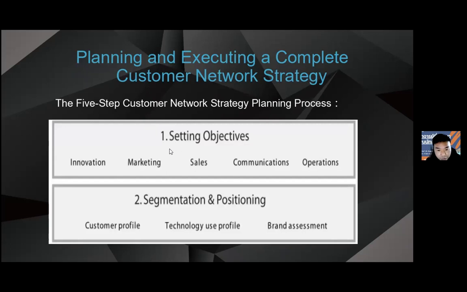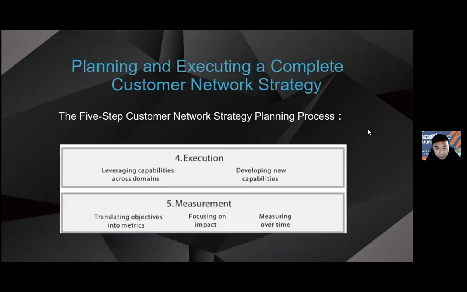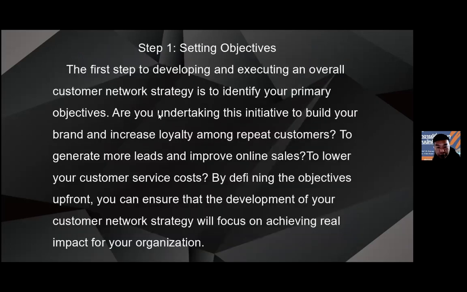This is the picture of the 5-step consumer network strategy. And this explains step 1, setting objectives. The first step to developing and executing an overall consumer network strategy is to identify your primary objective.